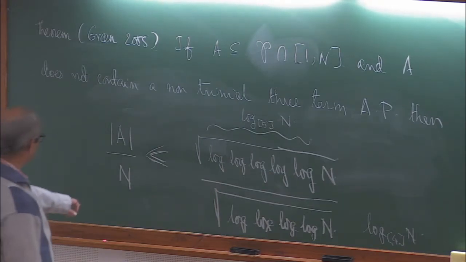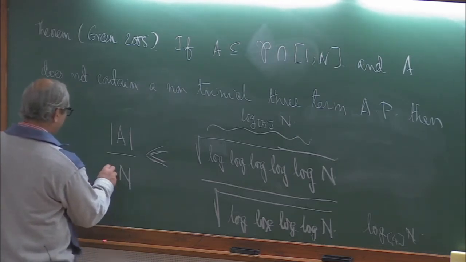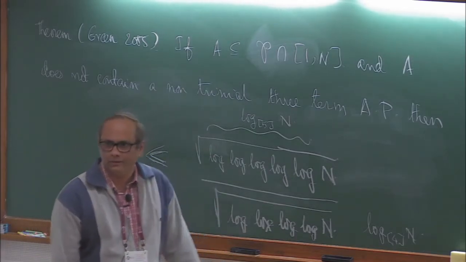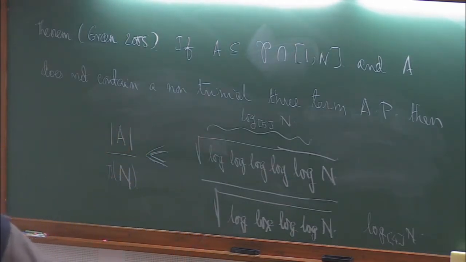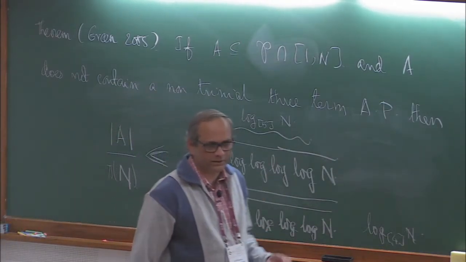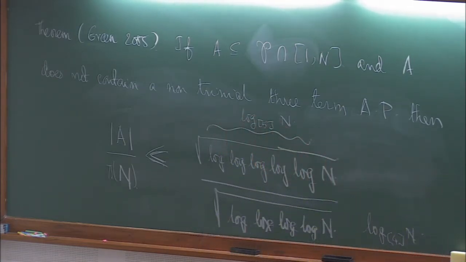Pardon? No, here it is, pi n. N by log n should be here and then 4 by 4. Pardon? Oh, the base is always only one base, which is the natural logarithm.